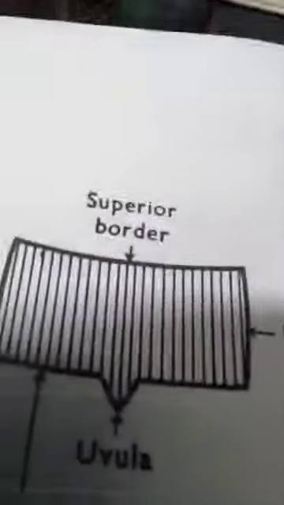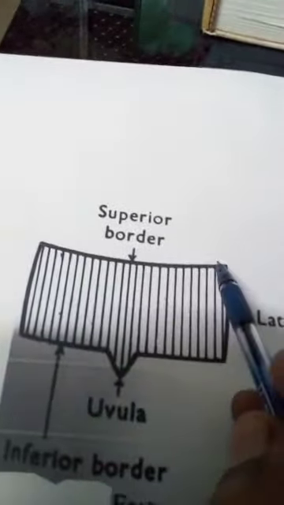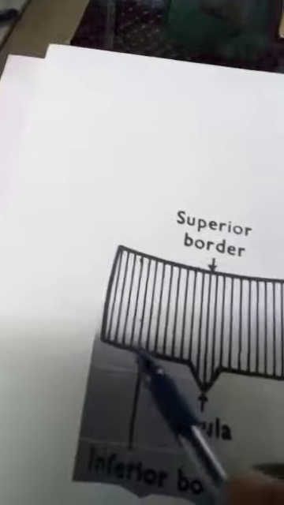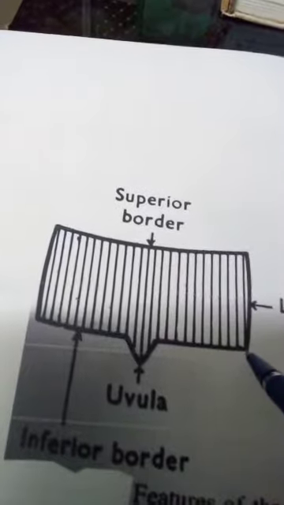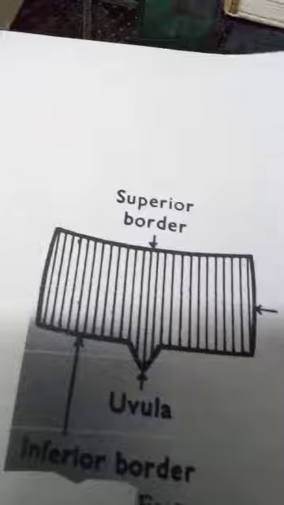Schematically, let us understand the features. This one is the superior border. This one is the inferior border. And these are the two lateral borders.